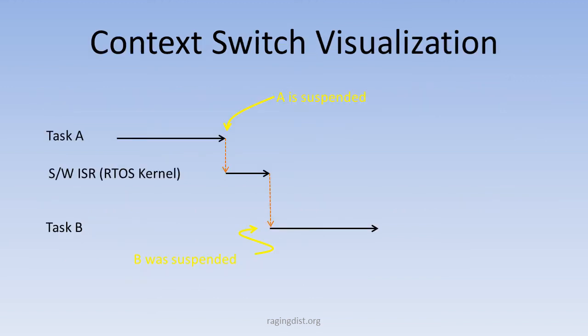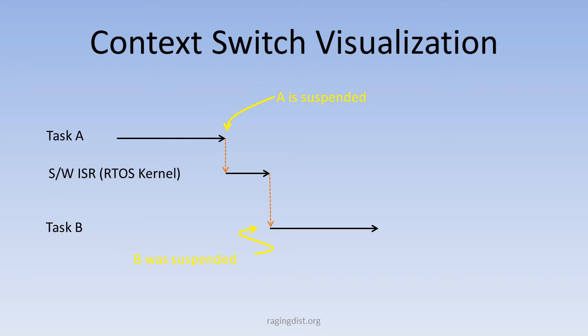Now let me give you a visualization of a context switch. These black arrows going to the right, imagine this is a time axis along the X axis, with time increasing from left to right.